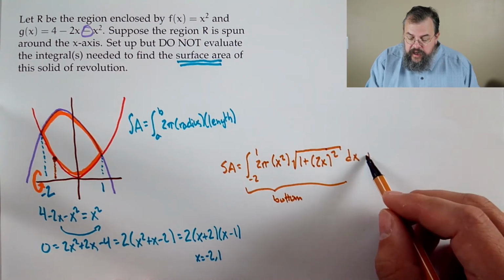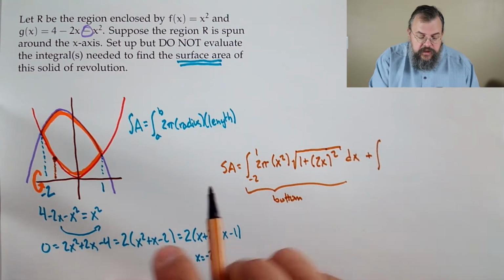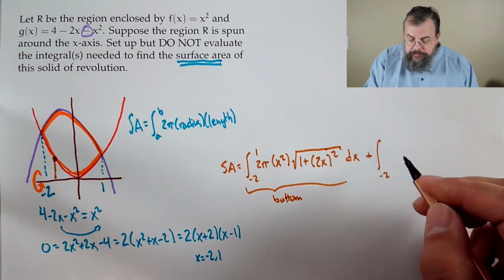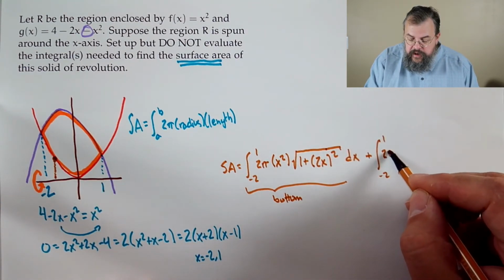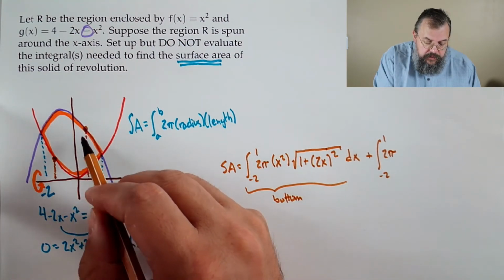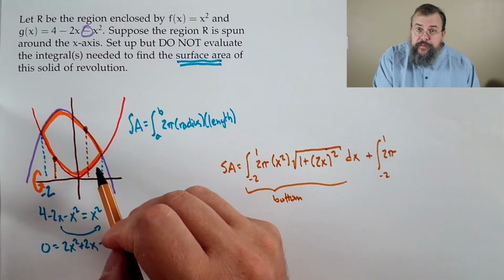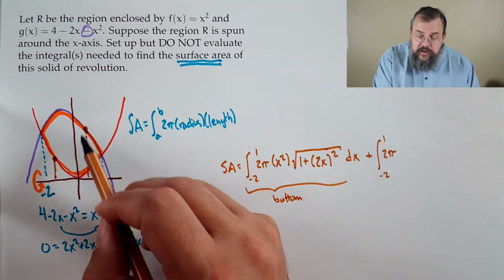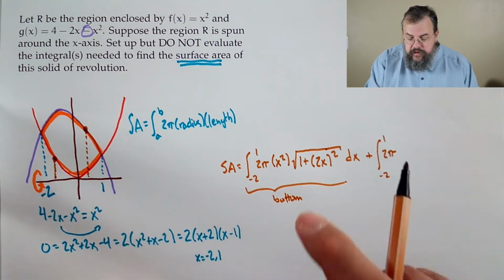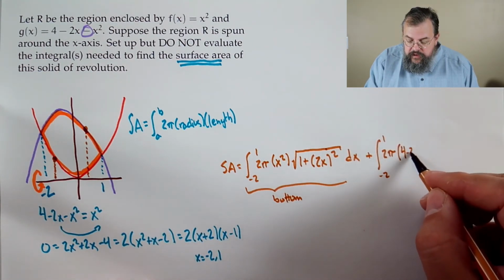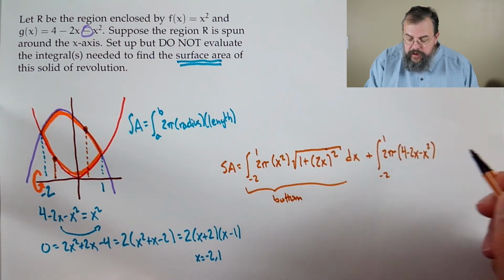Then we're going to add to that the top portion. Same x bounds, negative 2 to 1. 2 pi is always there. Now, on the top, we're going from this curve, 4 minus 2x minus x squared, down to the axis. The distance there is the function. Again, it's not surprising, so it's 4 minus 2x minus x squared.